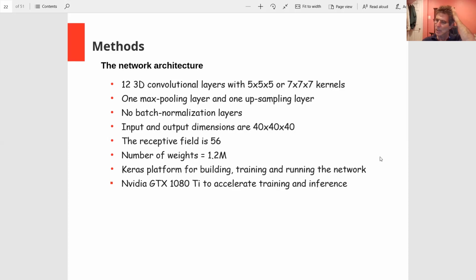And just one thing I noticed was that when I didn't use the GPU, the training went about 150 times slower than when I did use it. So obviously huge performance gains going to the GPUs.